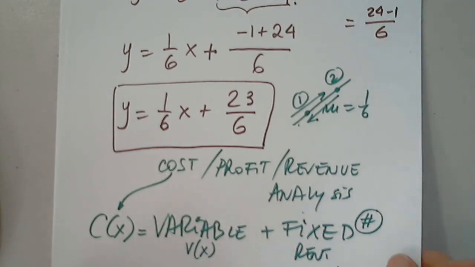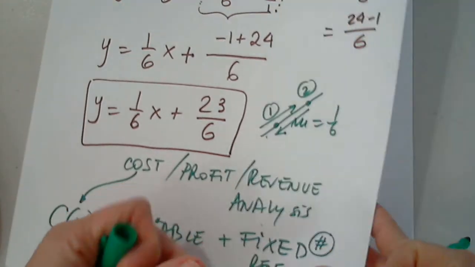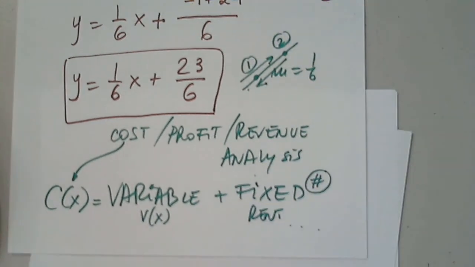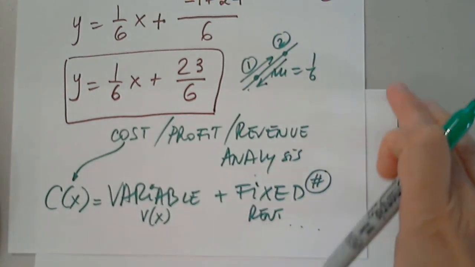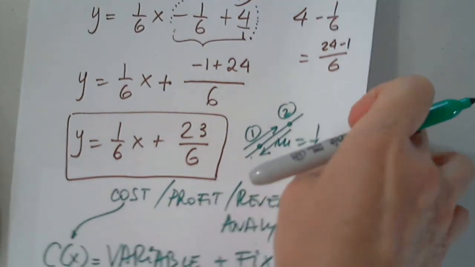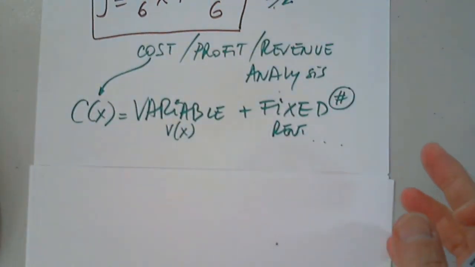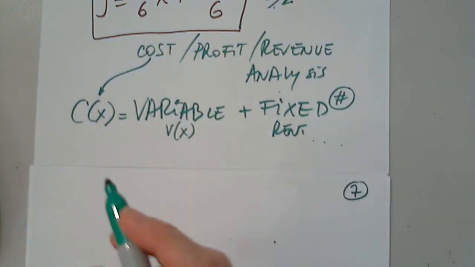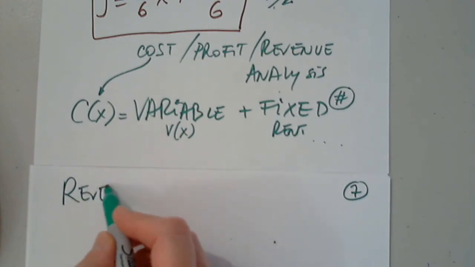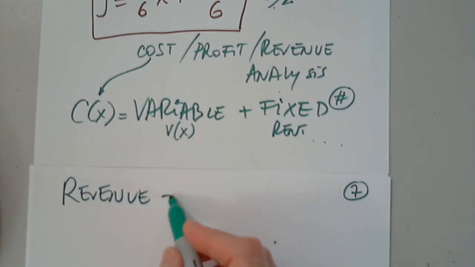Good. We are selling whatever we are producing. We are producing some, I don't know, what do you want to produce? Computers. So we produce computers and we sell them. And this is revenue, money coming in, R of x.